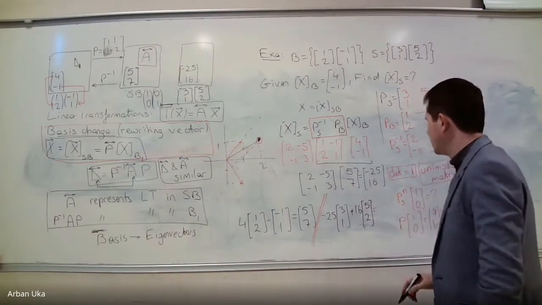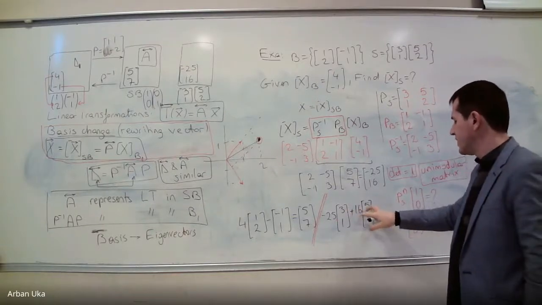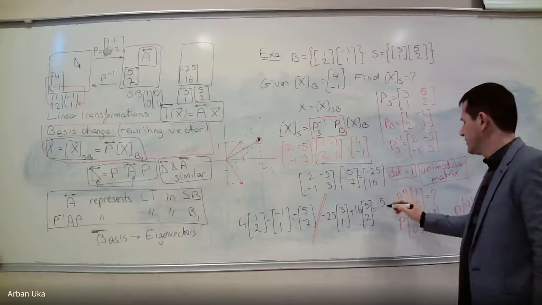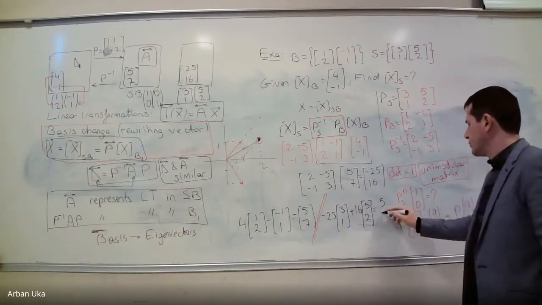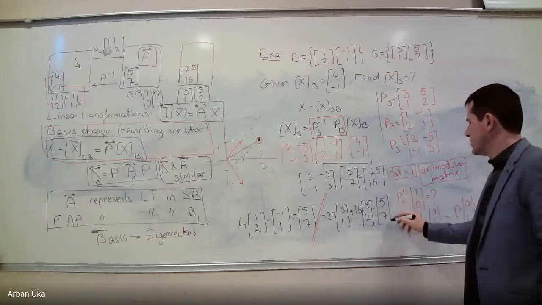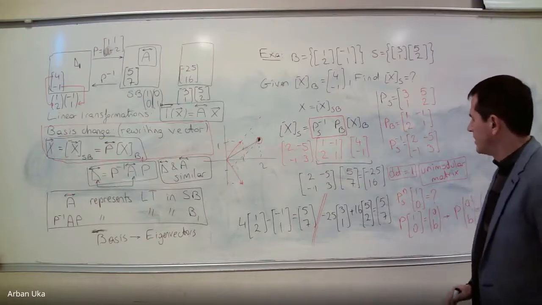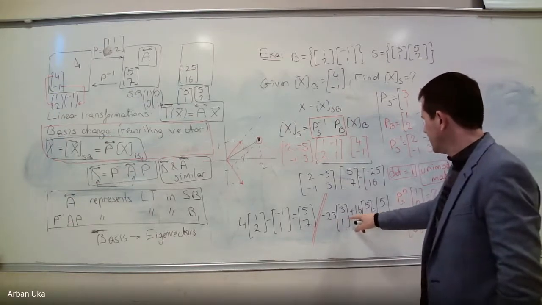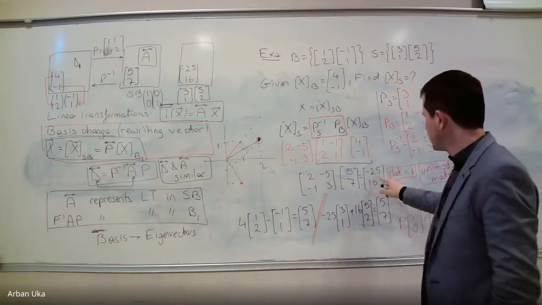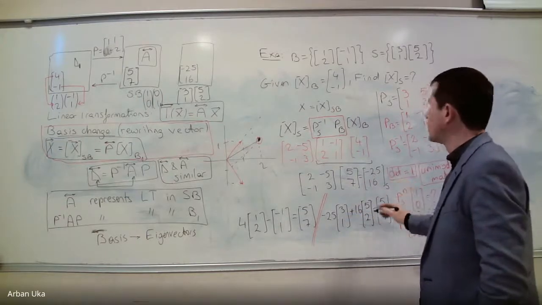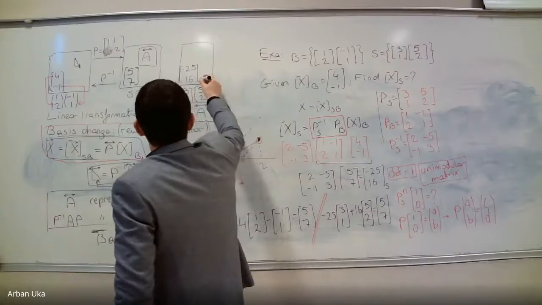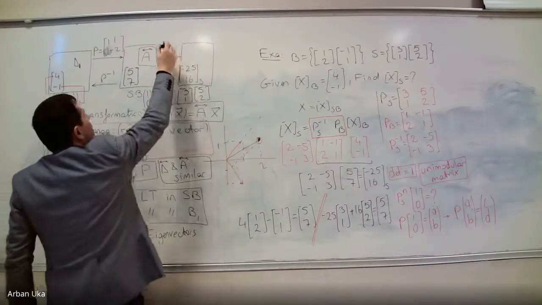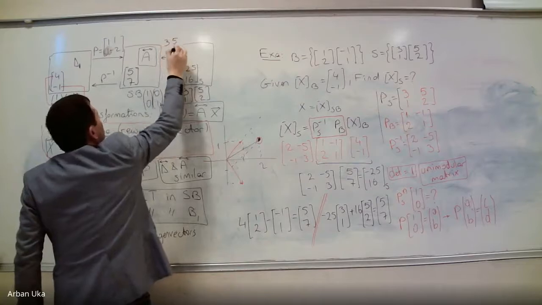And this should be equal to minus 75 plus 80, we get a 5, and minus 25 plus 32, we get another 7. So we see that these are the same, because what we are doing here is multiplying the original vector minus 25, 16, which is according to basis S, with this matrix, which is 3, 5, 1, 2.